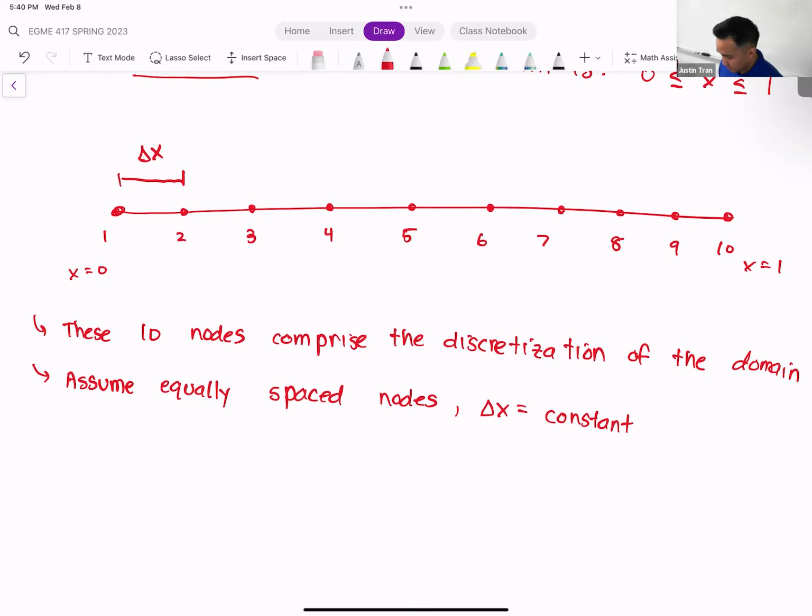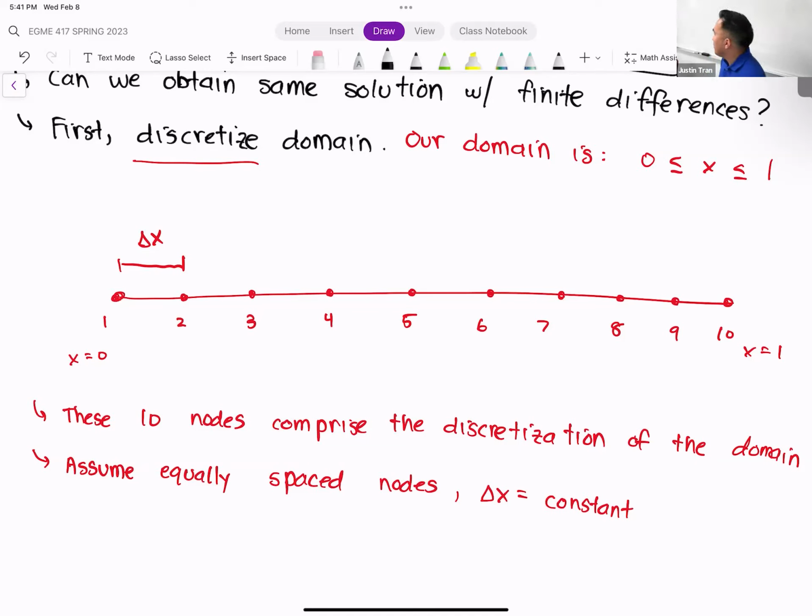But just know that you can modify this. The idea is to change the number of nodes based on the problem. Any questions on this so far? Okay. So that's the discretization of the domain.